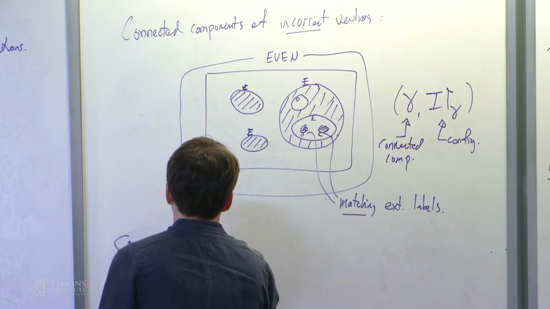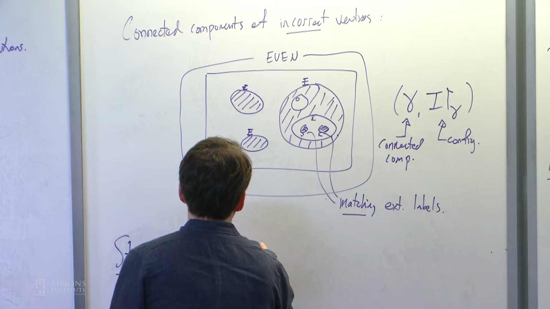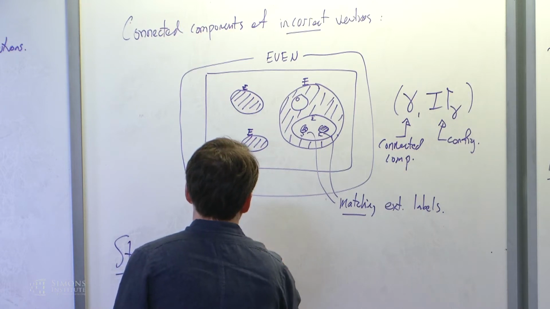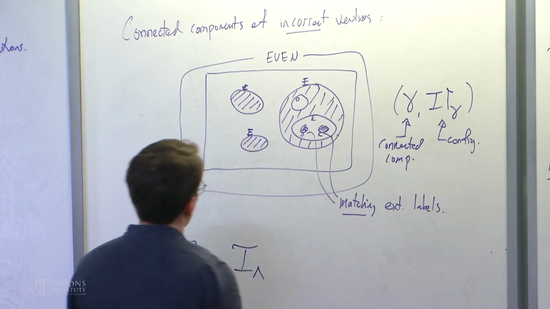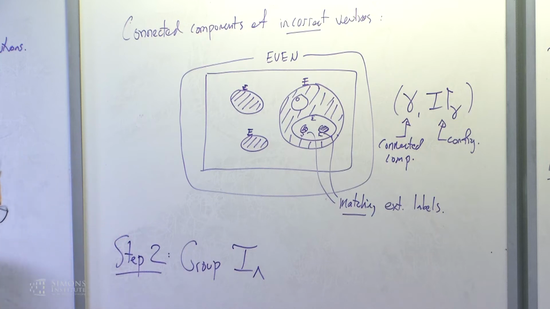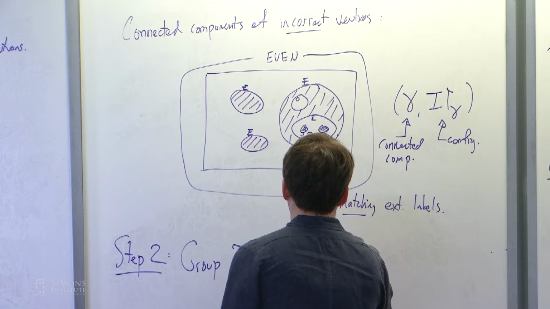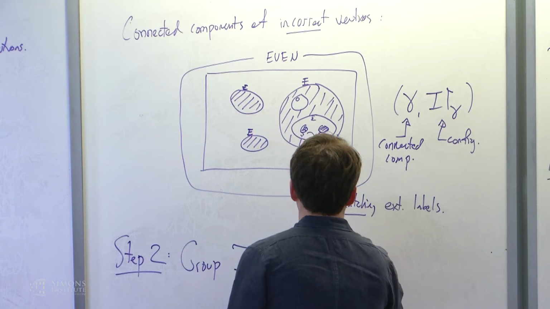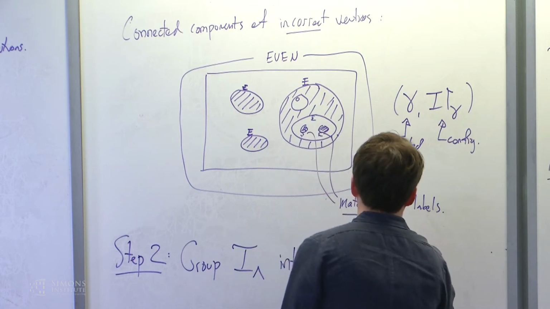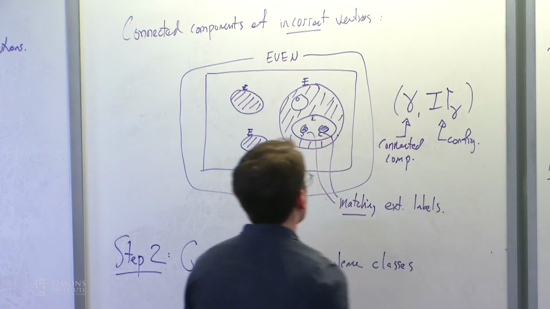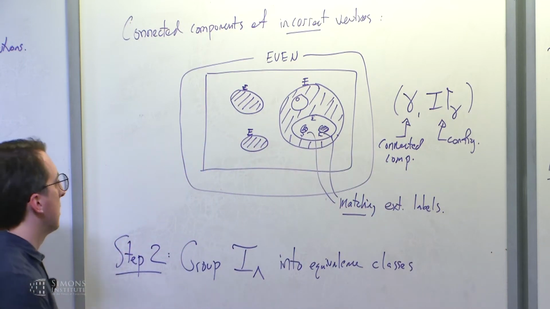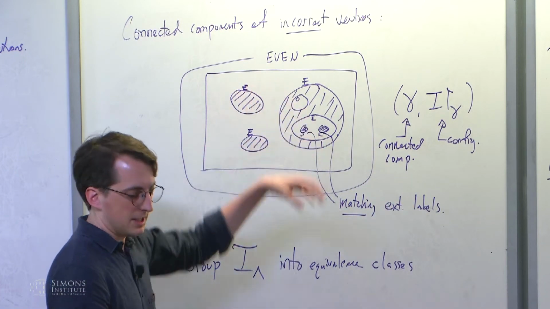So what we do is that we group the collection of independent sets on lambda into equivalence classes. And the equivalence classes are determined by some of the objects in this picture.